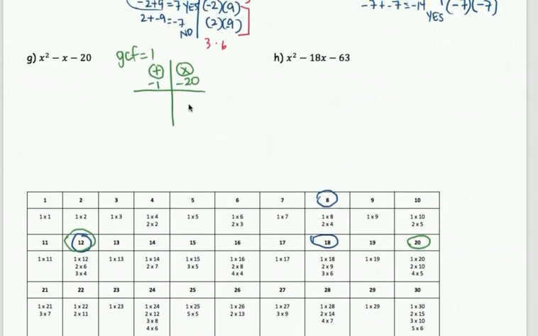Okay, so again, the conditions are you need a negative 20. So again, you have to make one of them negative, one of them positive to get negative 20. Okay, but see when I add them, I won't get the one that I need. Okay, that makes 19. So that's a no. That makes negative 19.